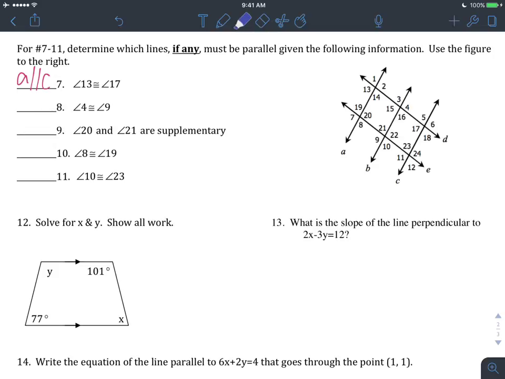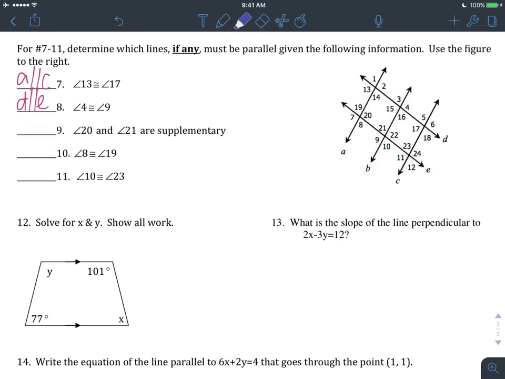All right, next one, 4 and 9. There's 9, and there's 4. The lines that form these two are line B, and then D and E. So those are alternate exterior angles. So D has to be parallel to E.